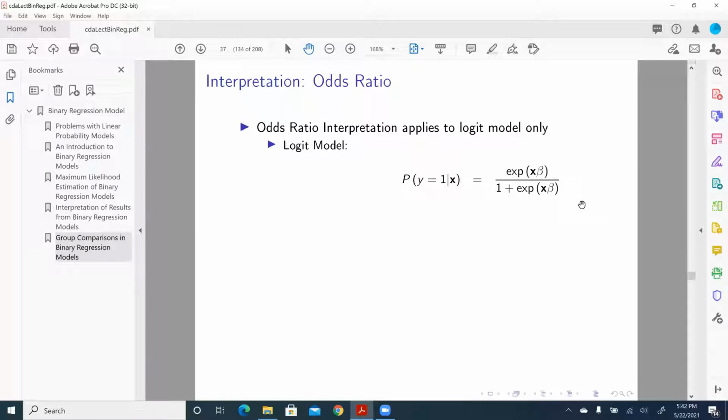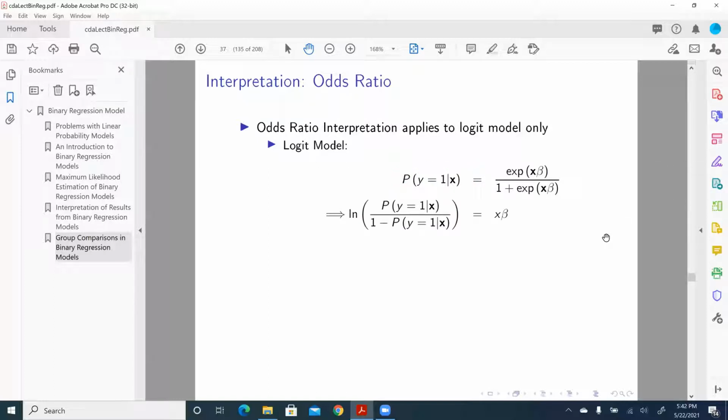So for the logit model, we have the probability set up like that, right? For example, for y equal to 1, the probability equals the natural exponential of x beta over 1 plus the natural exponential of x beta.